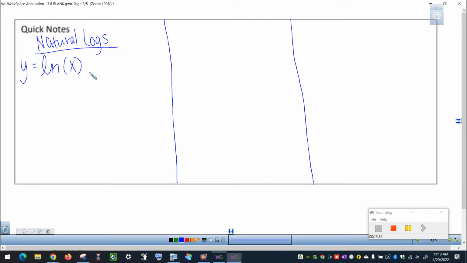So we saw the way that a natural log is written. It's written as ln, but it really means the same thing as log base e. Just kind of a shorter, faster, nicer way to write that. And that function there, y equals ln x, is the inverse of y equals e to the x.